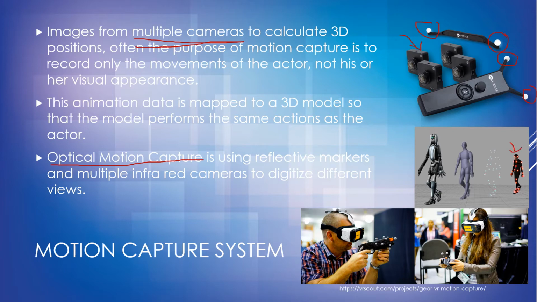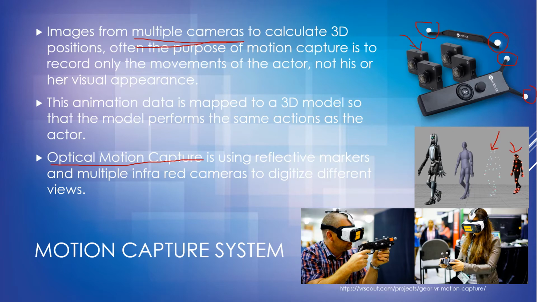The human wears a special suit with the reflective markers, and under the infrared camera, the reflective marker will show up like this. All the RGB, red, green, blue image will be ignored, and only the positions of the marker will be recorded. By combining the images from multiple cameras, at least 4, perhaps more and more for the motion capture system, you get the positions of all the markers.